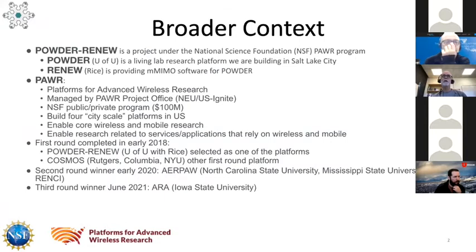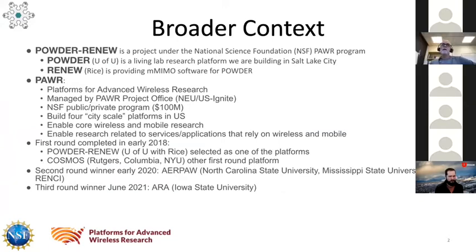For a little bit broader context, Manu mentioned in the intro already that we're one of the platform testbeds in the United States. The National Science Foundation has funded 4 of these testbeds. We were in the first round, along with Cosmos from a bunch of northeastern universities, and there's AERPAW focusing on drone communication, and ARA focused on agricultural communication. So 4 testbeds in the program.